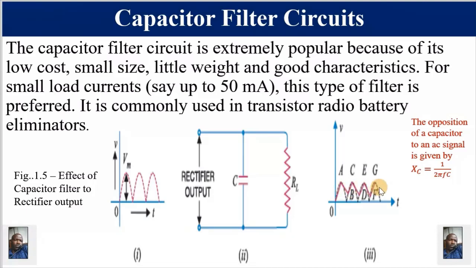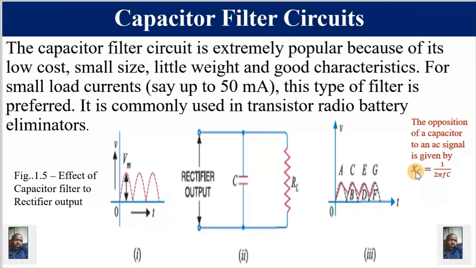How does this happen? Please take note that this is covered in your electrical engineering technology or circuit theory course: the opposition of a capacitor to alternating voltage or current is given by 1 over 2 pi FC, which means if we increase F, the opposition is going to reduce. So what are we saying?